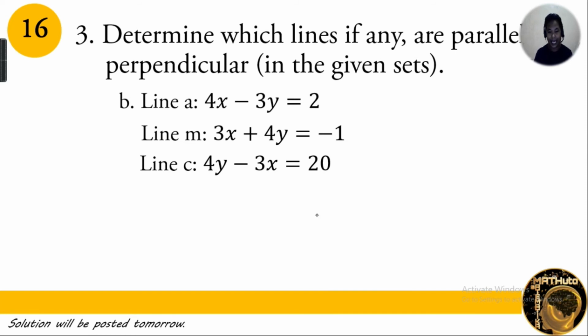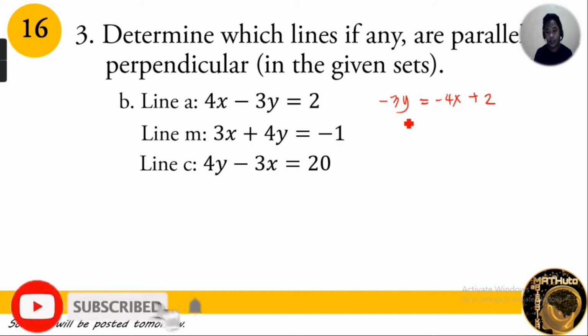Next set of lines po. So, which lines are parallel or perpendicular? So, for line A, slope niya po is, so write po natin muna in slope-intercept form. So, negative 3y is equal to negative 4x plus 2. So, dividing all the terms by negative 3.